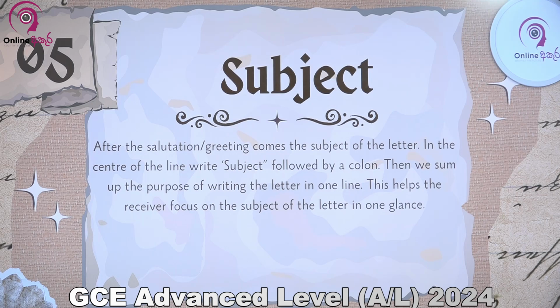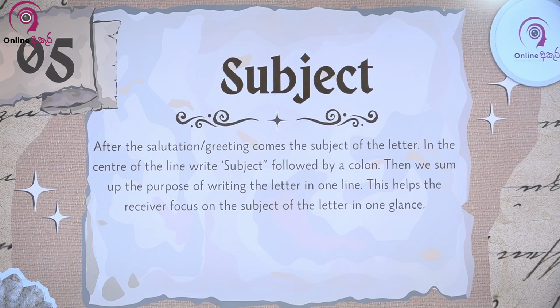So once someone opens your letter, they know what this letter is about. So the topic cannot be very long, it has to be very short and sweet, one line, and it's better if you can underline the topic.